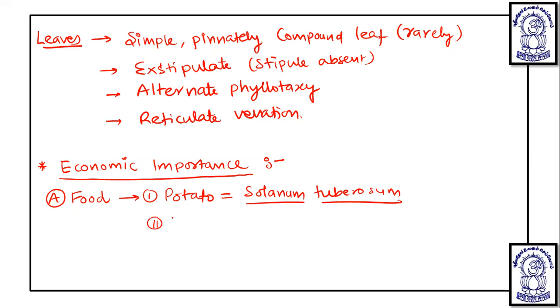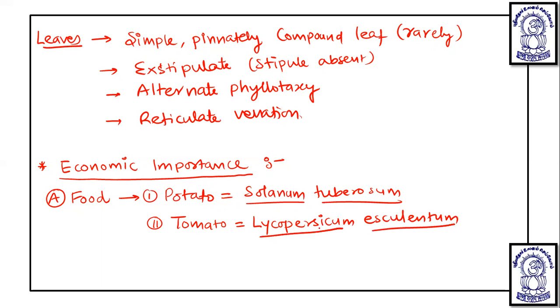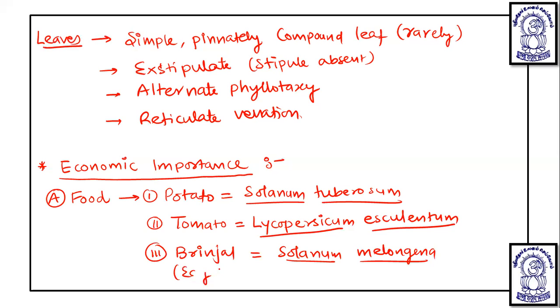Then second is tomato, that is Lycopersicum esculentum. And the third example of food is brinjal, whose scientific name is Solanum melongena. This Solanum melongena or brinjal is also known as eggplant.